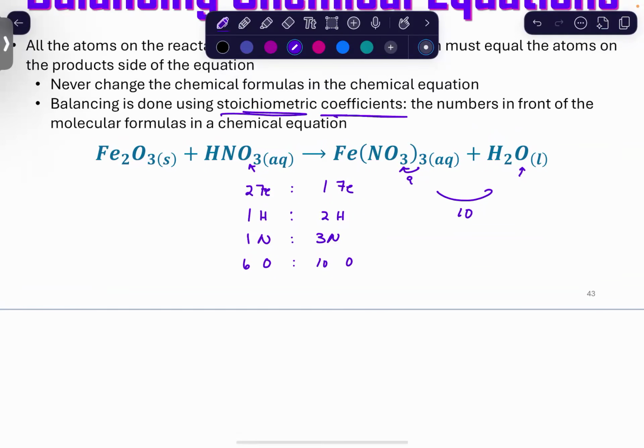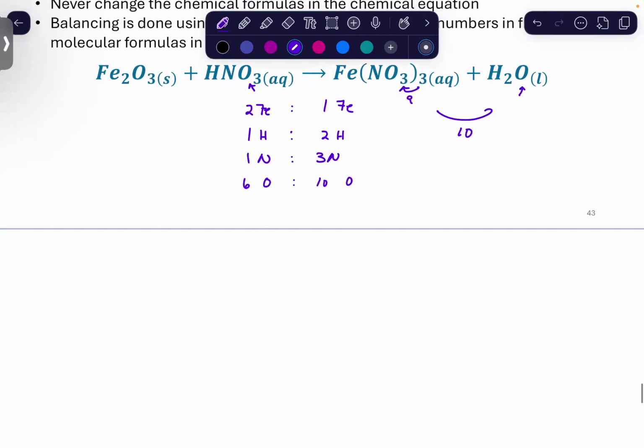So I'm going to say I have iron 3 oxide plus nitric acid. And I'm going to use a stoichiometric coefficient here to multiply my iron 3 nitrate and my water.